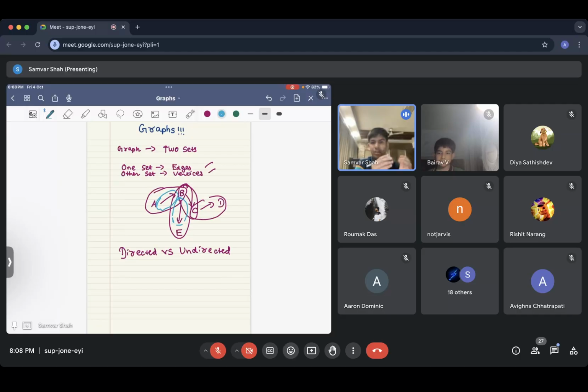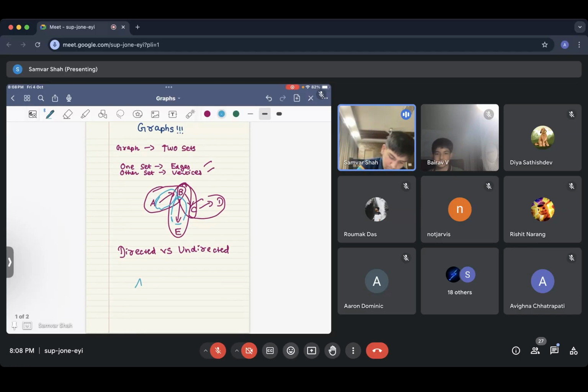This shows that the only possible path, if we think of this as, say, a city, is that I can move from A to B, but I cannot move from B to A. It just shows direction. If you have A to B with no arrows written at all, then this implies that A to B is possible and B to A is possible. It just means it's bidirectional, or you can say there is no direction at all, undirected. They both are equivalent. So undirected is equivalent to bidirectional.